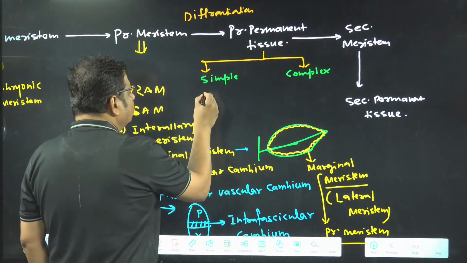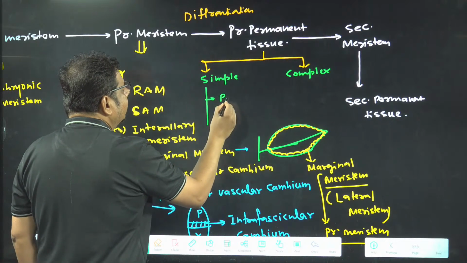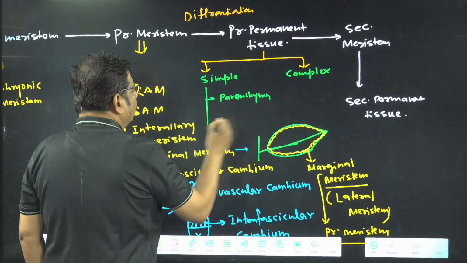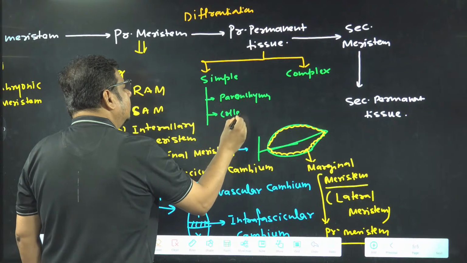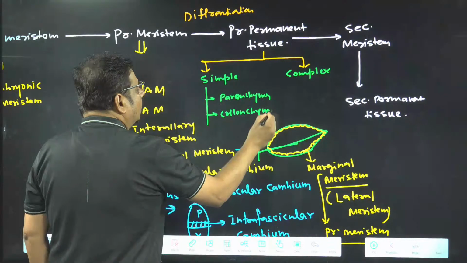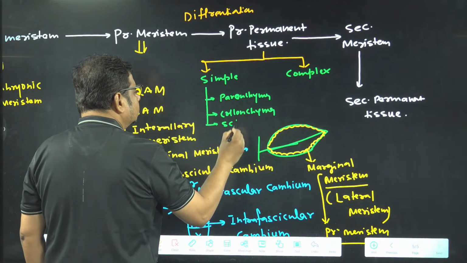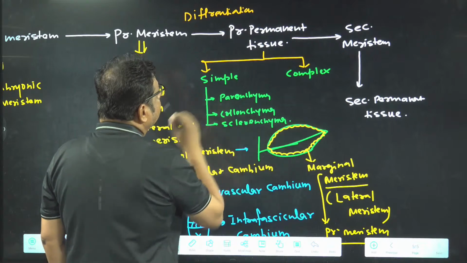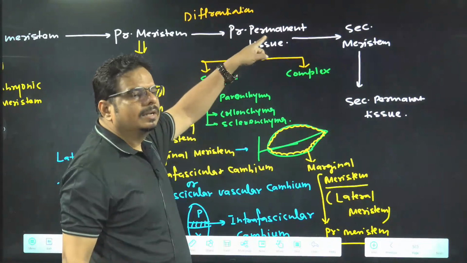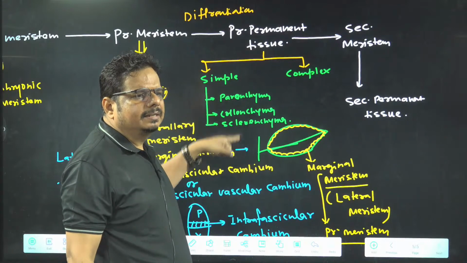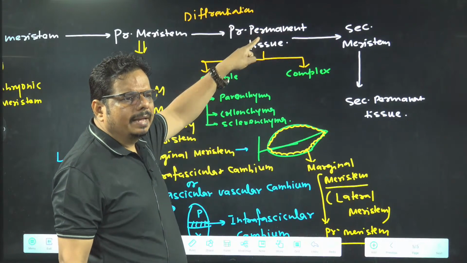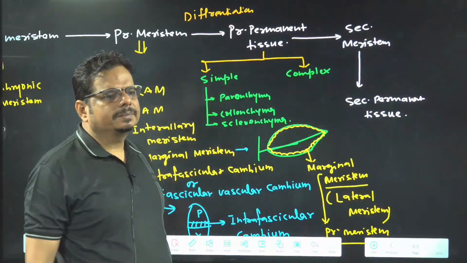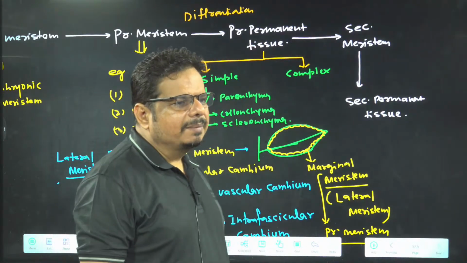Simple permanent tissue is of how many types? Three types: parenchyma, collenchyma, and sclerenchyma. So these all three are which kind of tissue? Primary permanent tissue, and which type? Simple type or complex type? Simple type.